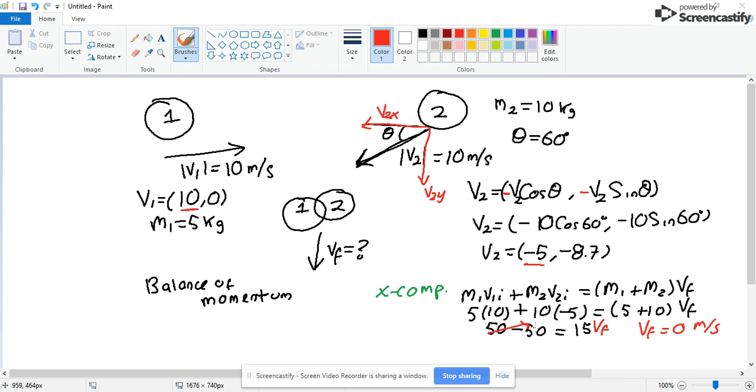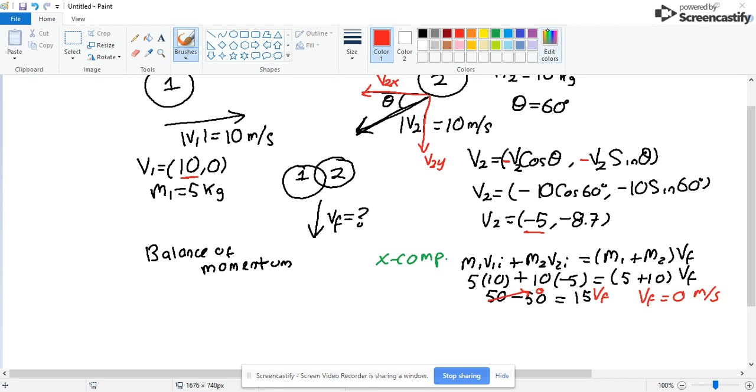Okay, let's do it now for the y component. We have exactly the same equation, but now we're going to use the y component. So let's write the equation again: mass 1 times V initial y plus mass 2 times V initial y equals total mass times V final y.